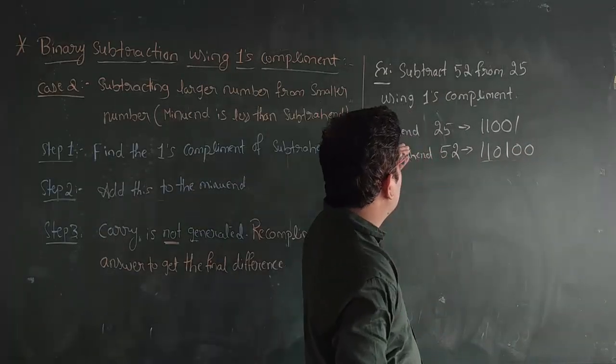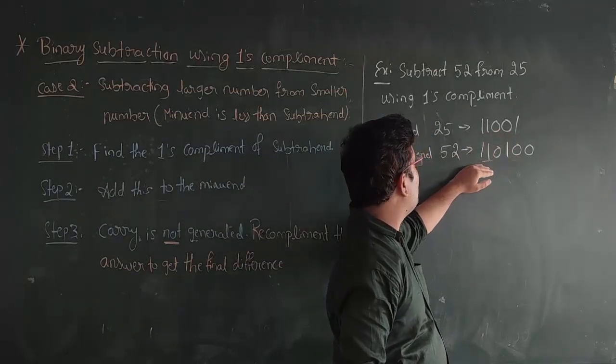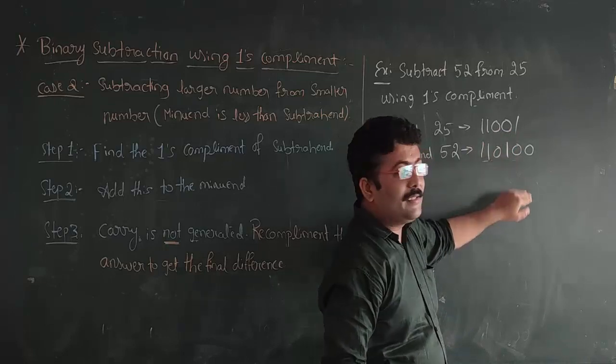In the minuend there are only 5 digits, and in the subtrahend there are 6 digits.